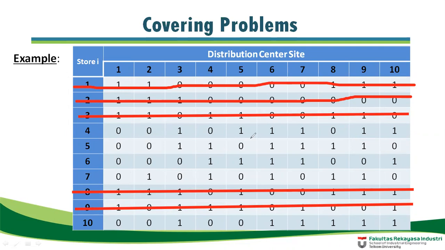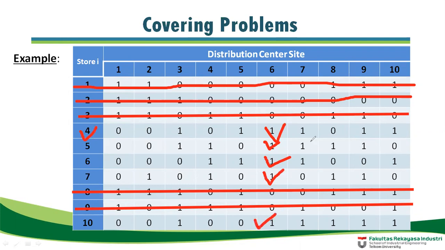Since the aim of covering problems is minimizing the building projects and minimizing the establishing of distribution centers, we can see another option, maybe distribution center number 6, because DC number 6 can serve stores number 4, 5, 6, 7, and 10.